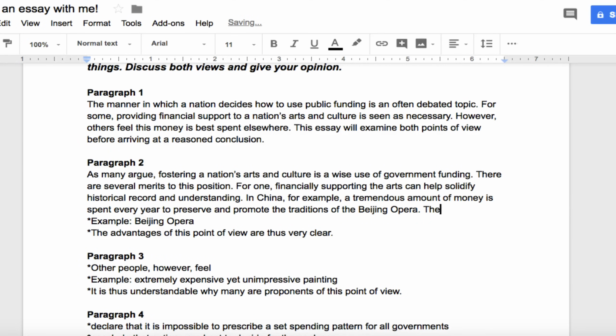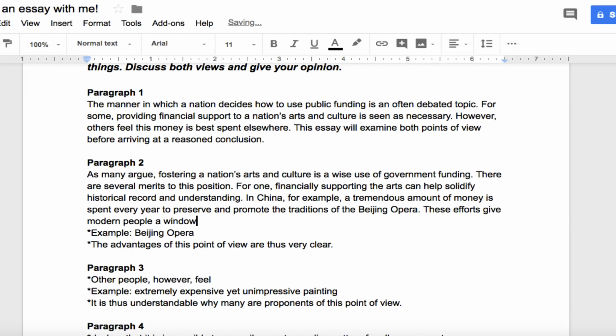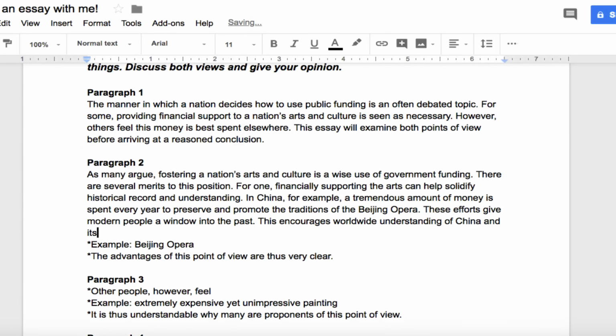And then just mention giving people a window, as I was saying, or some historical perspective. These efforts give modern people a window into the past. Okay. This encourages worldwide understanding of China and its history, let's say.